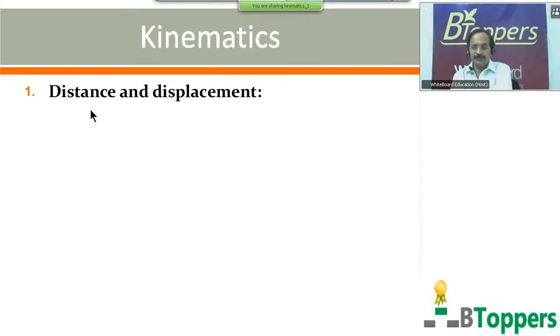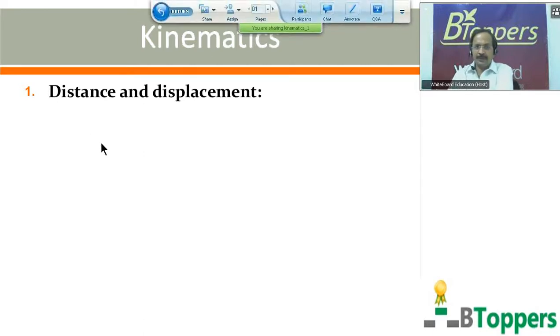See the screen here, I am showing you the notes. First, distance and displacement.